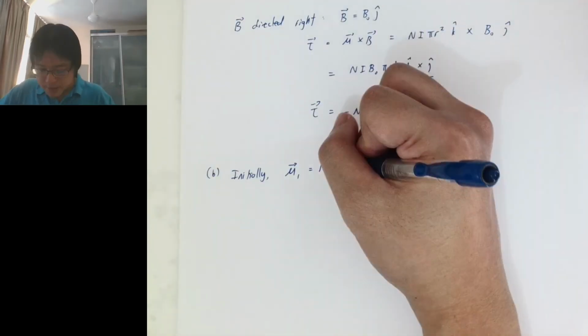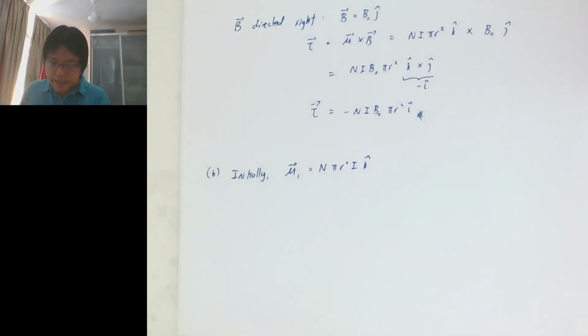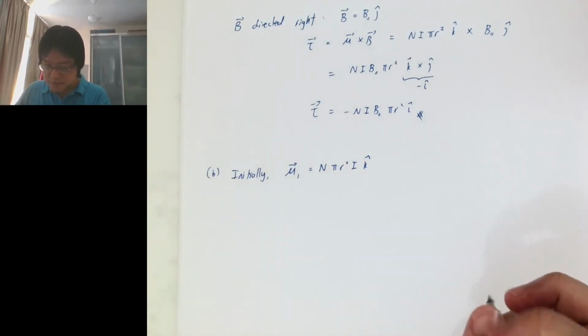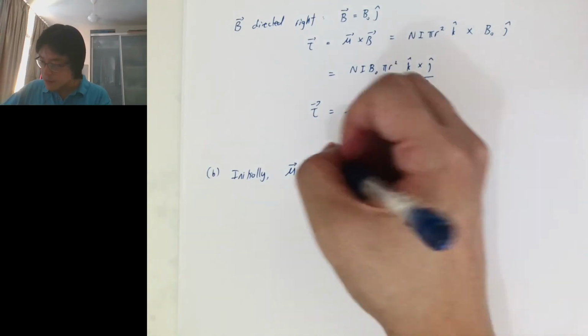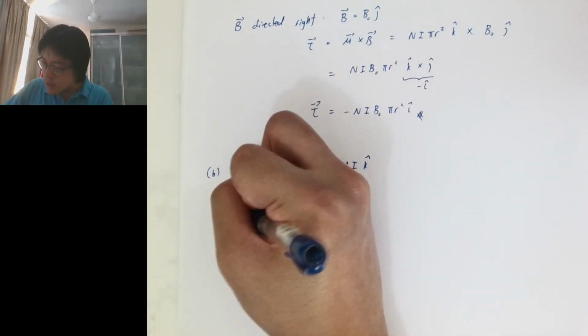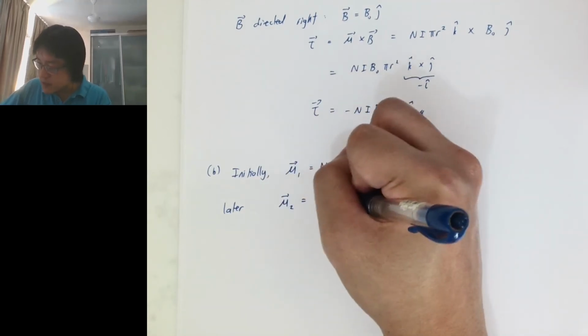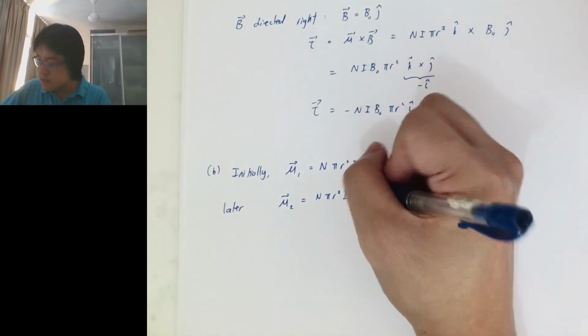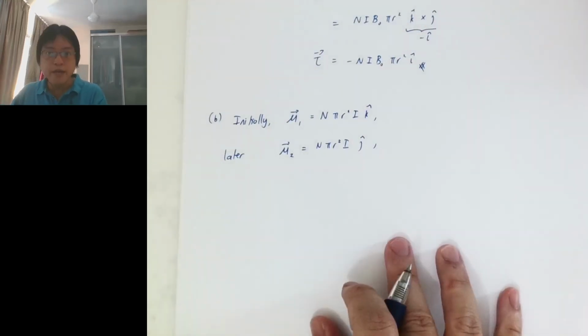So it's N pi r square I in the k direction, and later my coil is pointing parallel to my x-axis, so it's N pi r square I in the j direction, right? So I can calculate the potential energy at these two cases.